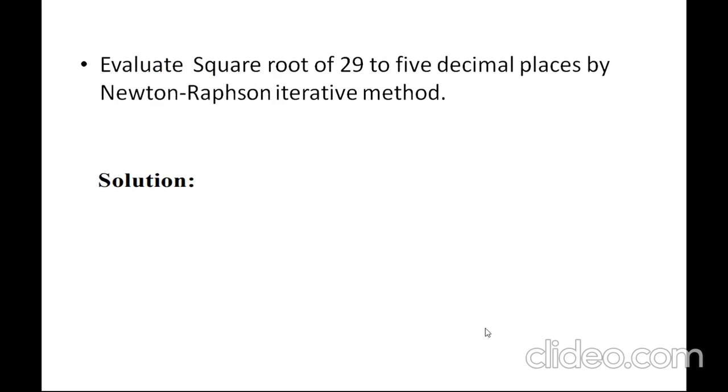Now let us solve the next example. The next example is: evaluate the square root of 29 up to 5 decimal places by the Newton-Raphson iterative method. Hence our equation is x is equal to root of 29.